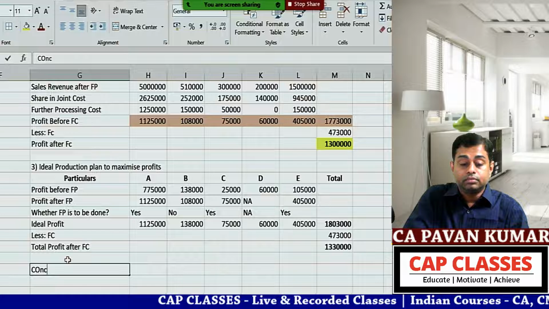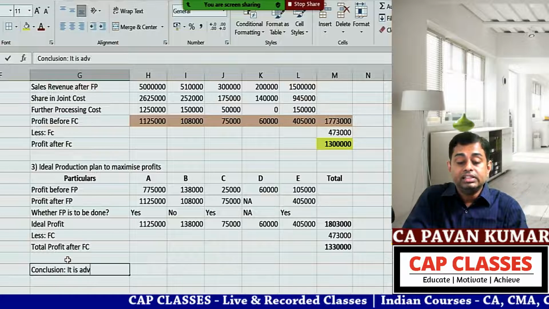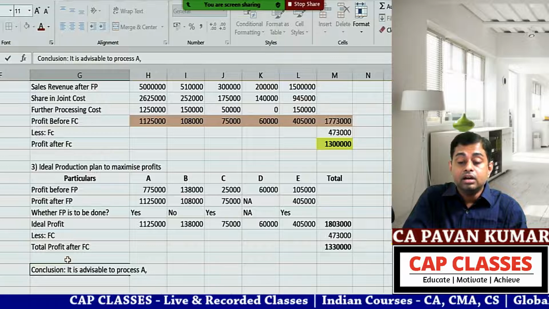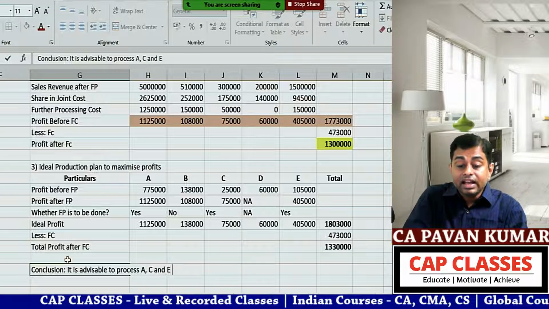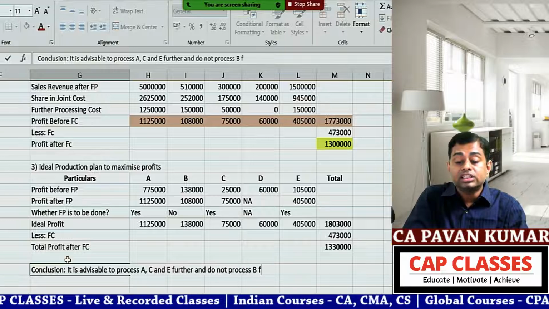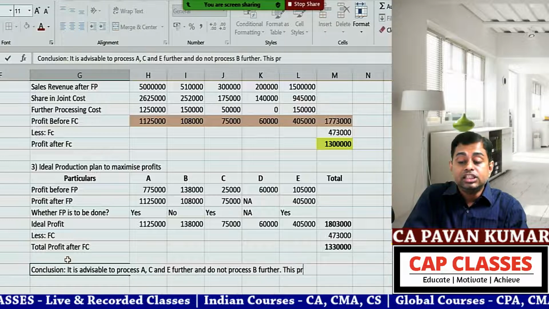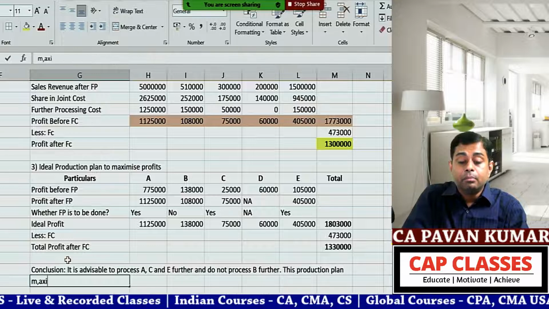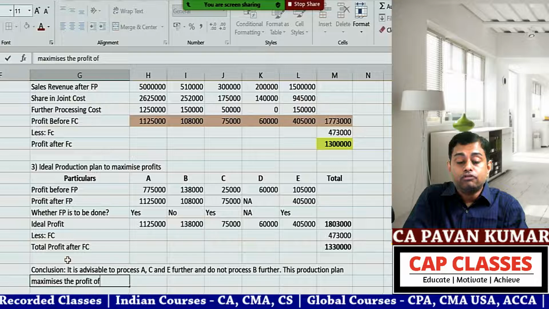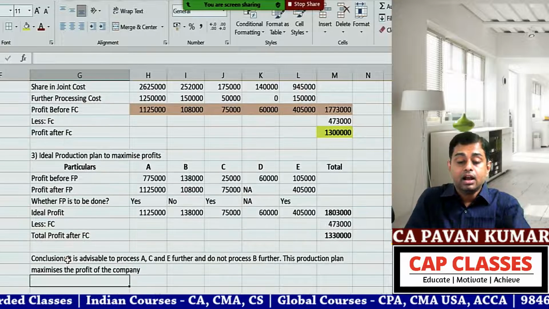So conclusion: it is advisable to process A, C and E further and do not process B further. This production plan maximizes the profit of the company. Ta-da!